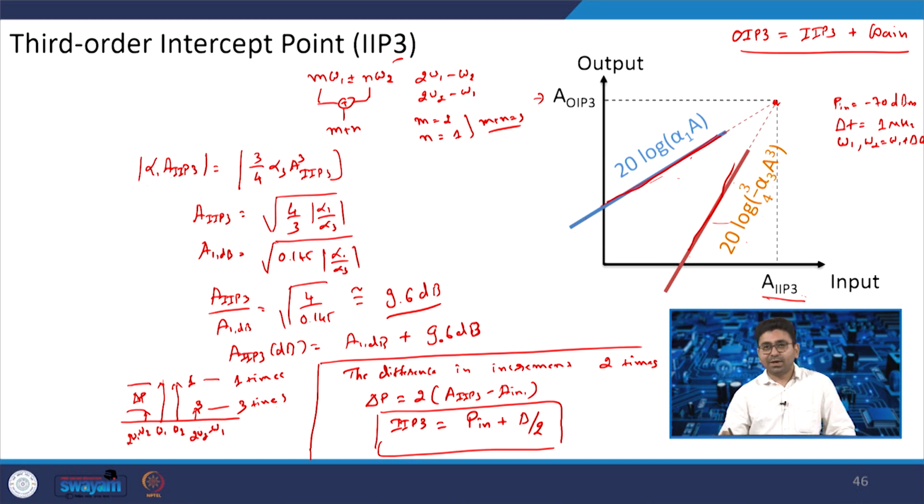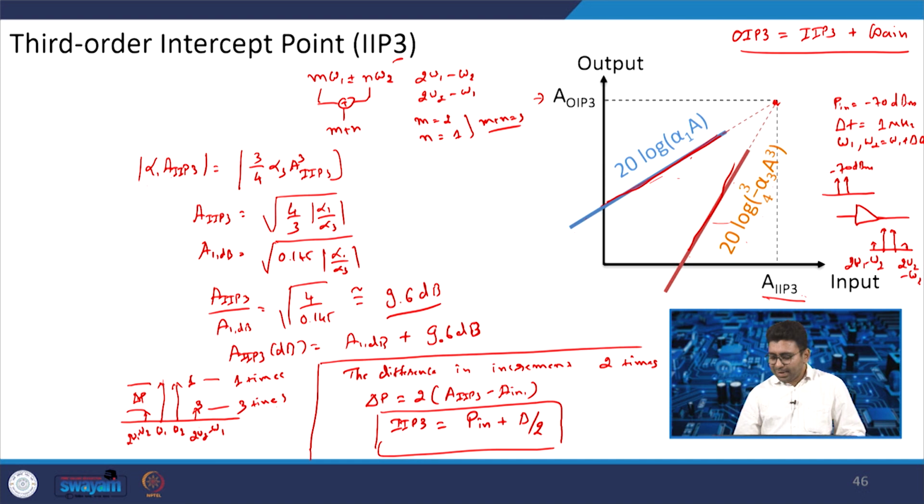So, you will have 2 tones, each with amplitude of minus 70 dBm, given to the amplifier. In the amplifier you will get a certain output, and it has some third order component due to the non-linearity. You can find 2 omega 1 minus omega 2 and 2 omega 2 minus omega 1.